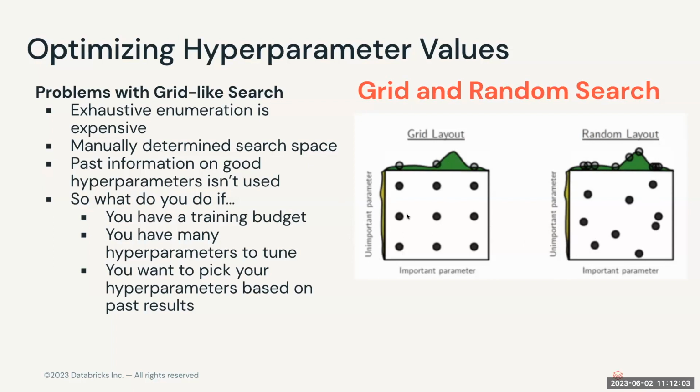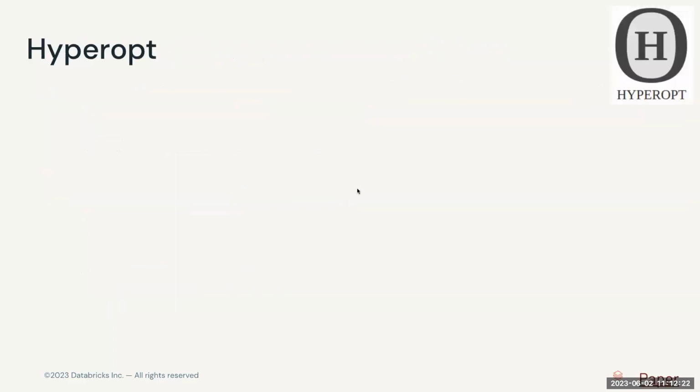So let's just forget about trying some of these values and focus on fine tuning within these values, right? And if you use a grid search or a random search, you're not really getting that kind of perception. You're not getting that kind of efficiency. You're just going to continue to iterate through all of these points rather than honing in on the most effective point. So this is where HyperOpt comes into play.